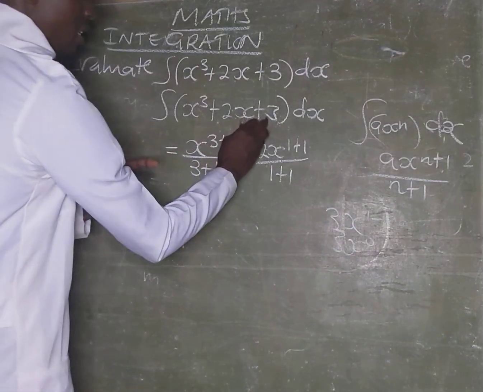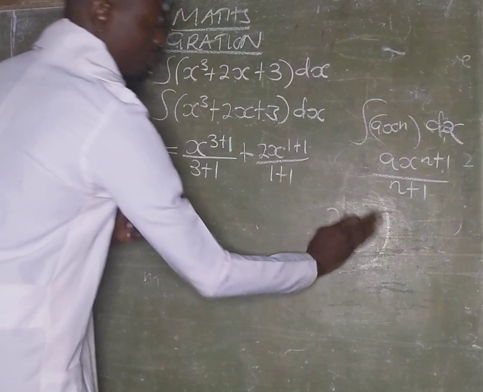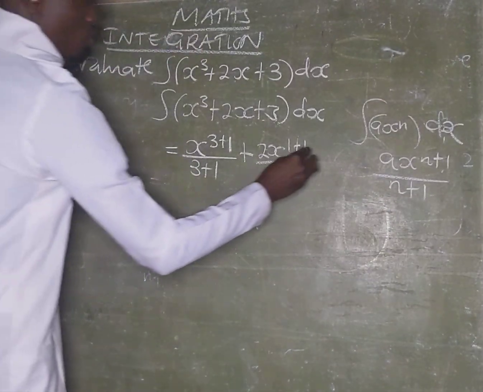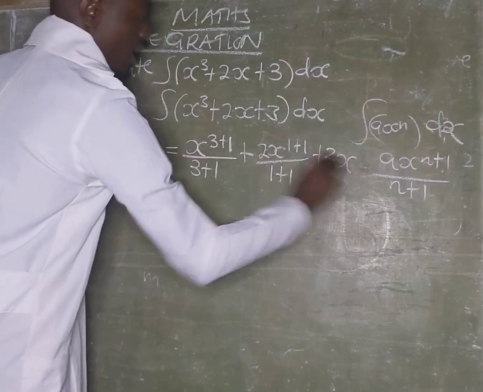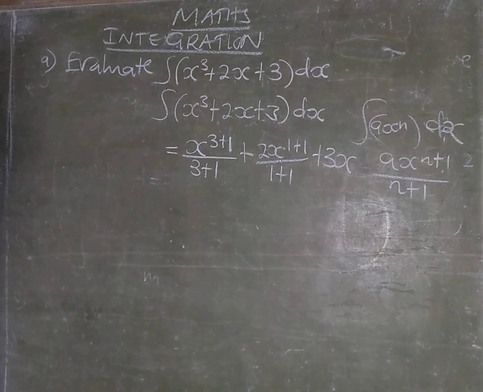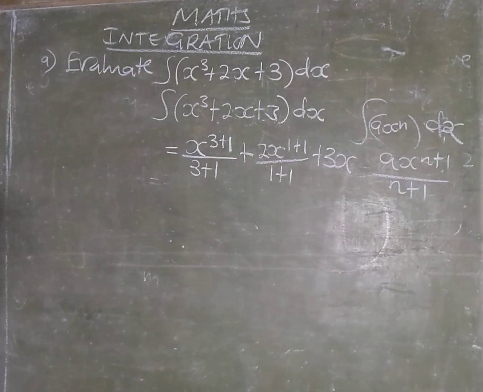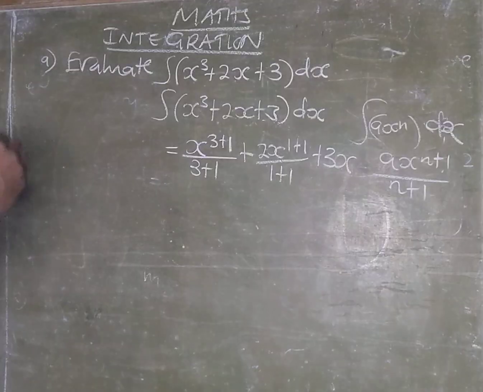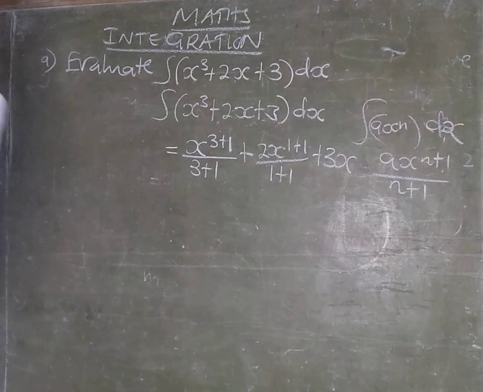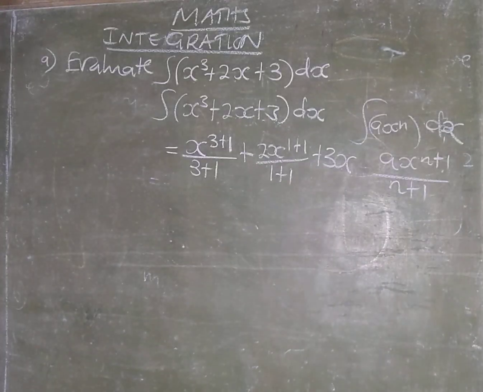So the reverse of 3 will be 3x. What does it mean? Any constant number under integration, I beg my pardon, will always gain x.